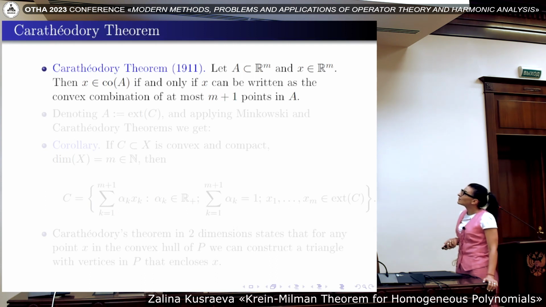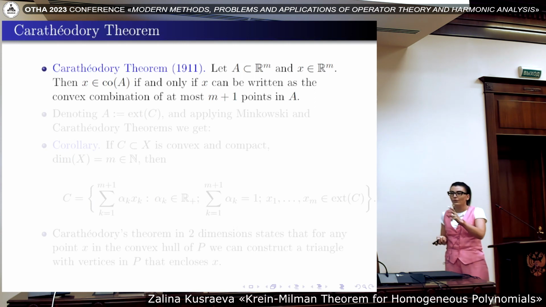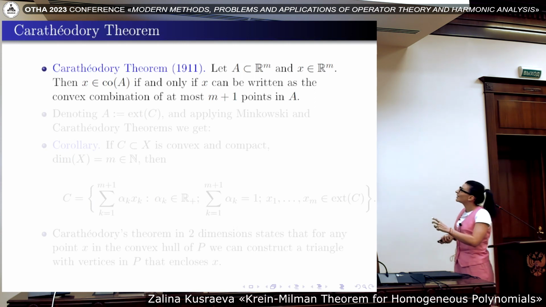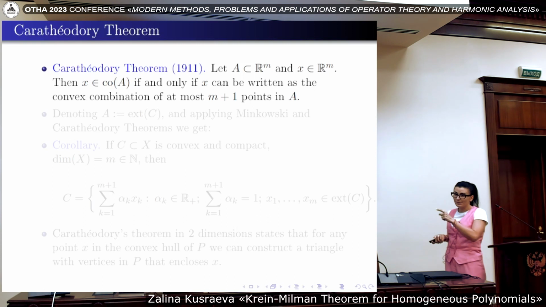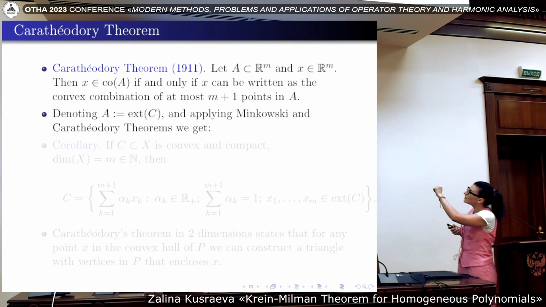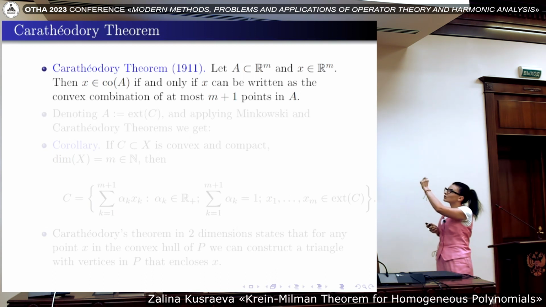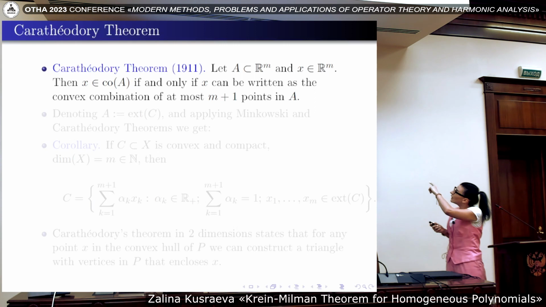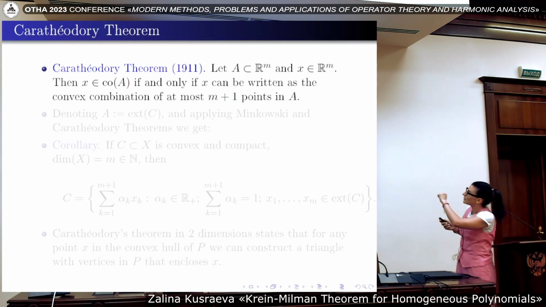It was the following. If A is a subset of a finite dimensional, namely m-dimensional space, then one can obtain the convex hull of this set by means of only m+1 points.